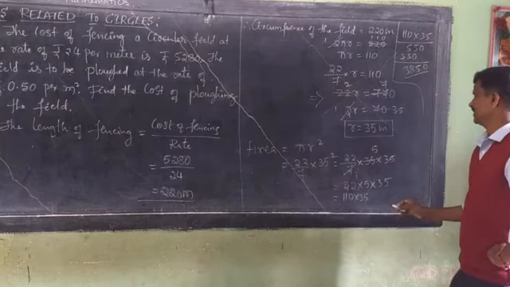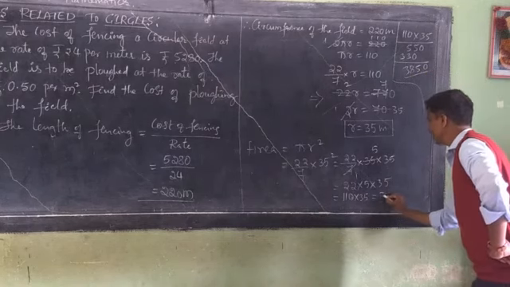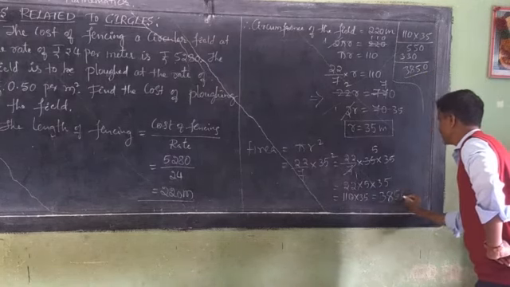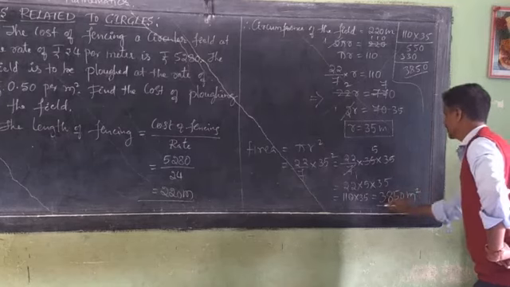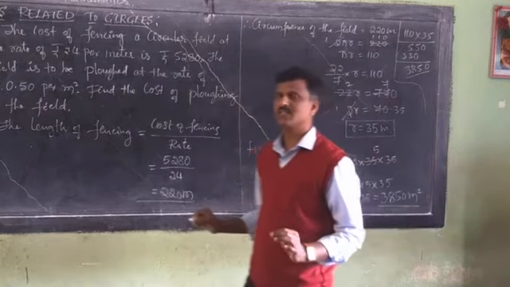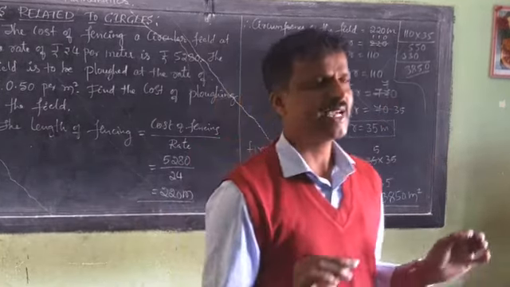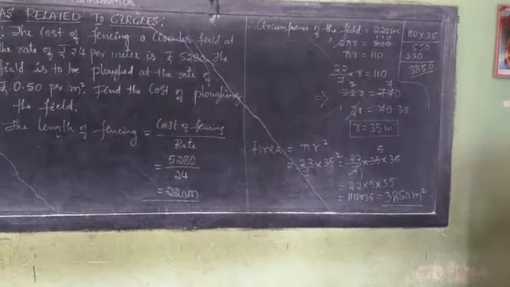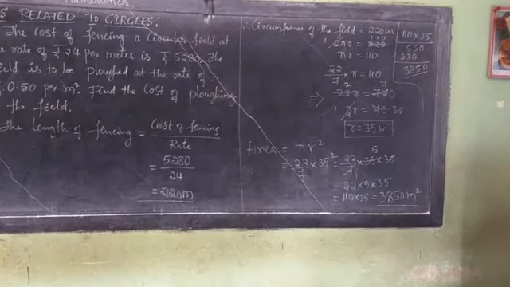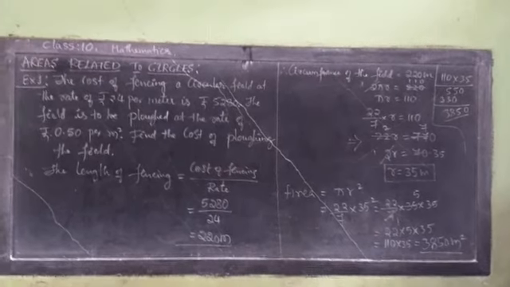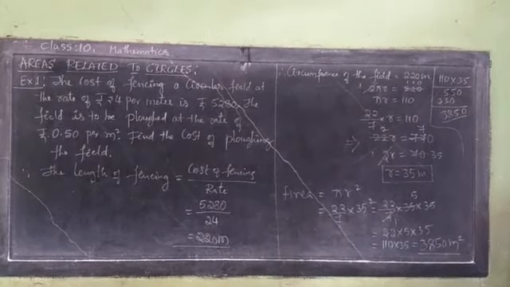Therefore, the area of that circular field is 3850 meter square.